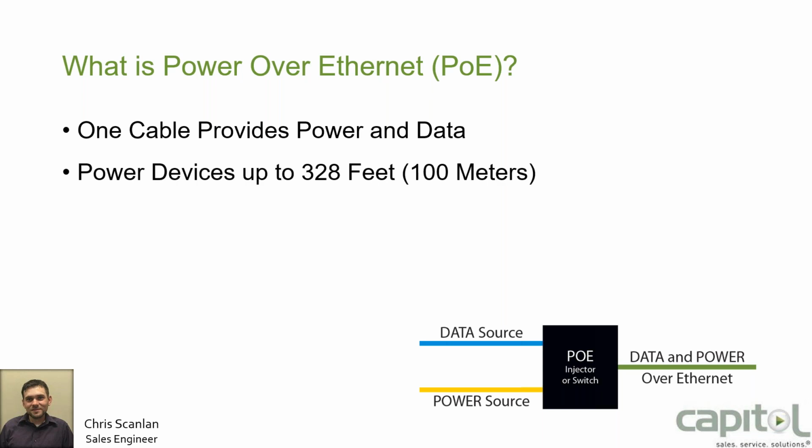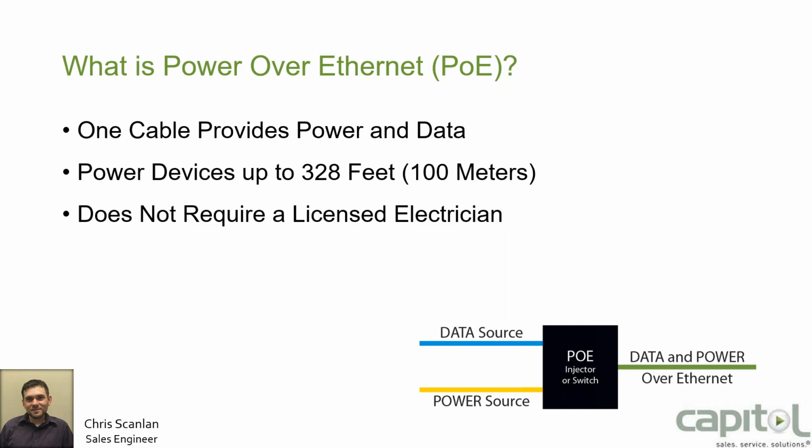It can do power up to the standard 100 meters. It doesn't require a licensed electrician. Depending on the state you're in, you can't pull power lines. If you can get a PoE device, you can pull that. You don't need to be a licensed electrician to pull a Cat5 or Cat6 cable and run PoE over it.